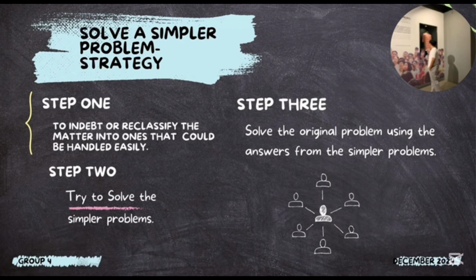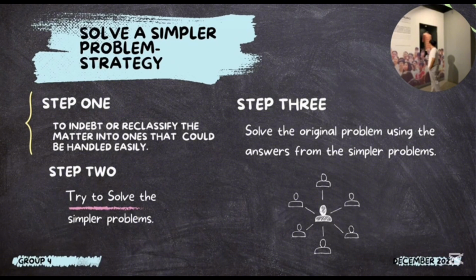Step 2 is to try to solve the simpler problems. After breaking down the original problem into smaller parts, we need to try to solve that simpler problem of the original problem.